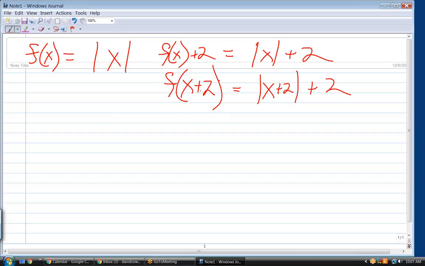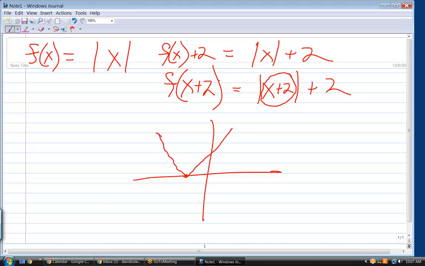Well, it turns out that this x plus 2 is a horizontal translation. In other words, if I were graphing just the x plus 2, it would be my original absolute value function moved 2 units to the left. Because it's where that absolute value equals 0, right? Here I'm graphing just this. I'm going to confuse you with all of these things here.